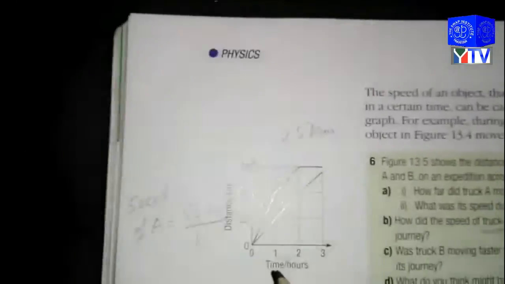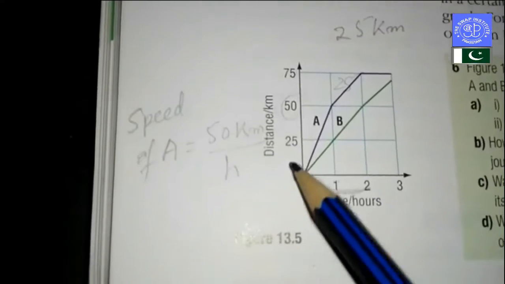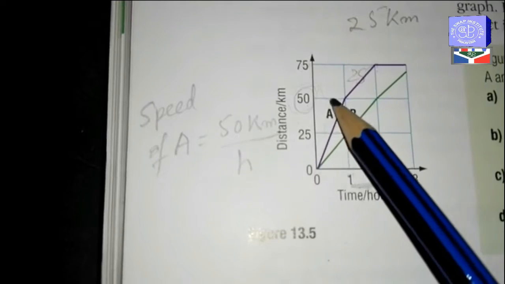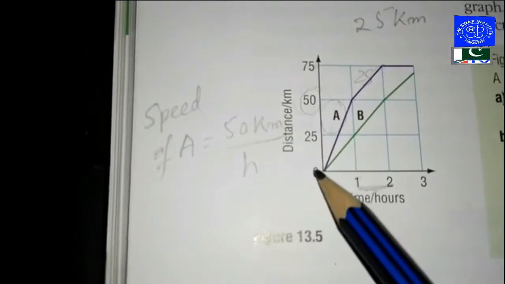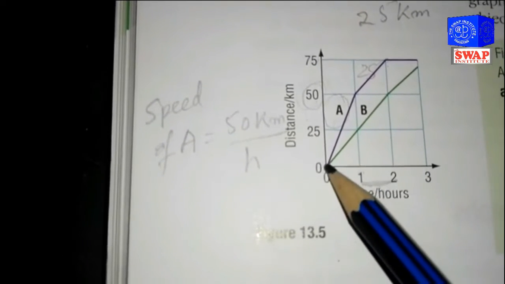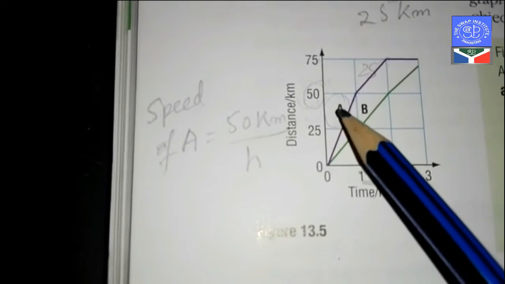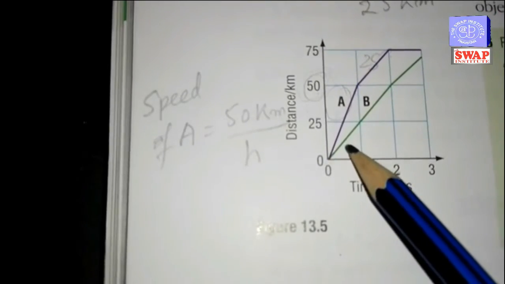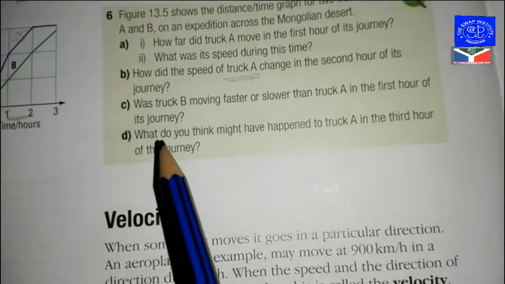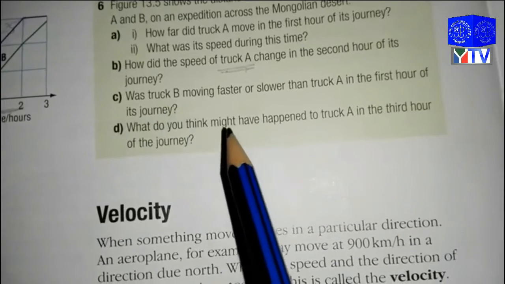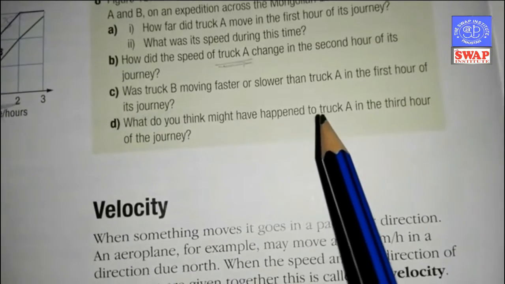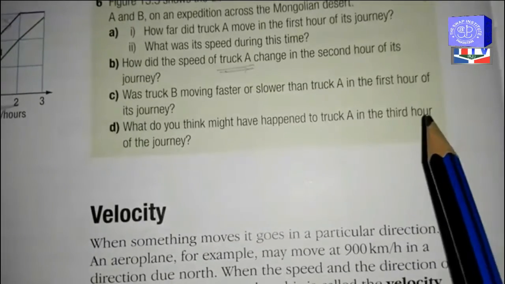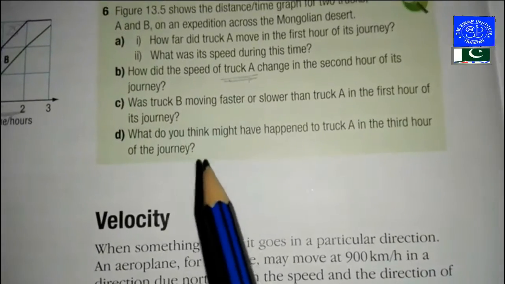We can say that whichever line is steeper, so the answer would be line A. Line A is steeper than line B, so truck A was moving faster than truck B. What do you think might have happened to truck A in the third hour of the journey?